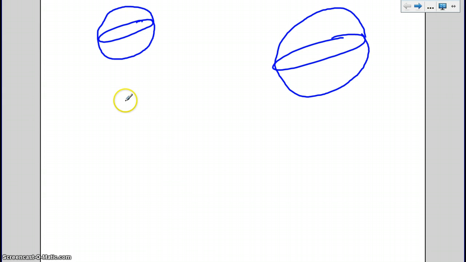If I told you my radius here was 1 and my radius here was 3, I want to know what the surface area is here and what the surface area is here. Well, the surface area, I believe, is... yeah, that was me running across the room to grab a chart.